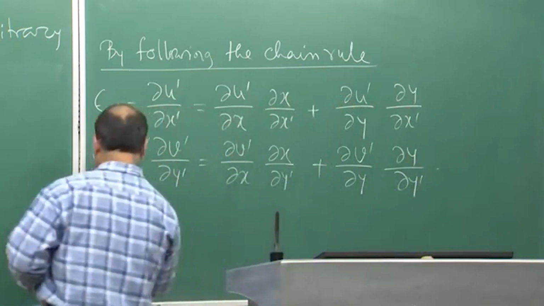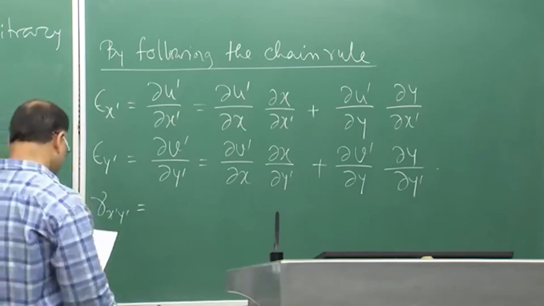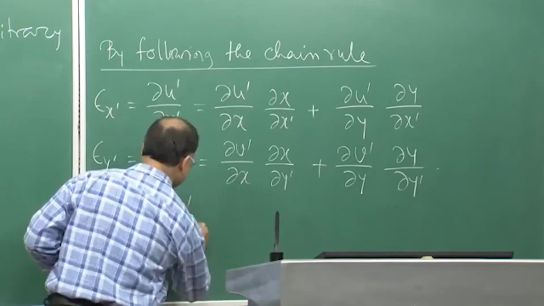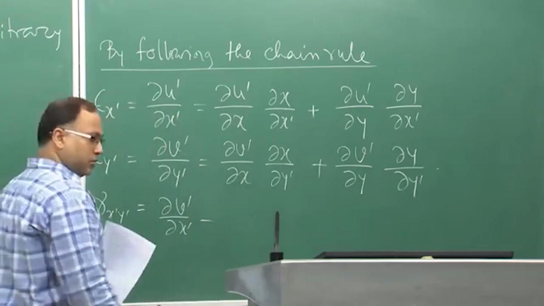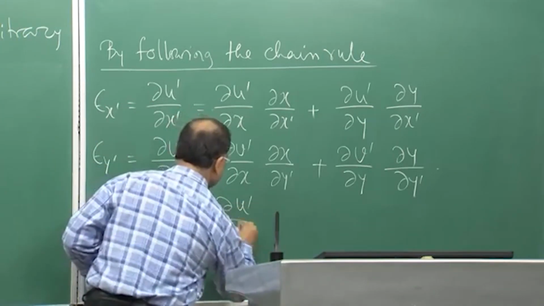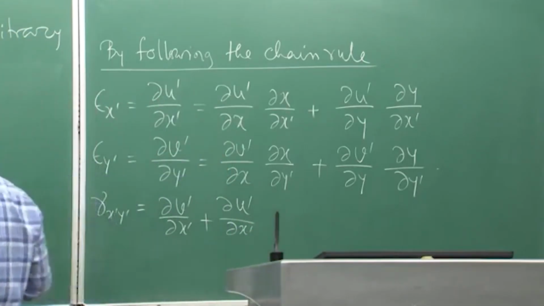And finally, I can write gamma x prime y prime is equal to del v prime del x prime plus del u prime del y prime.